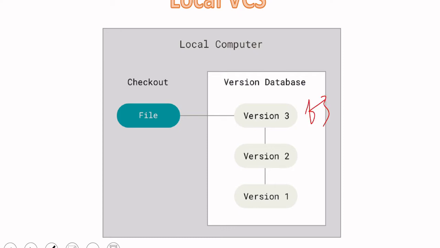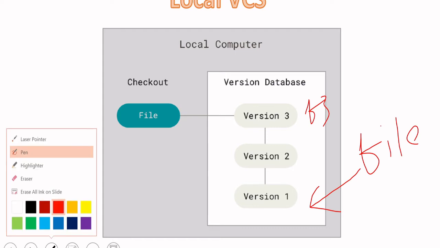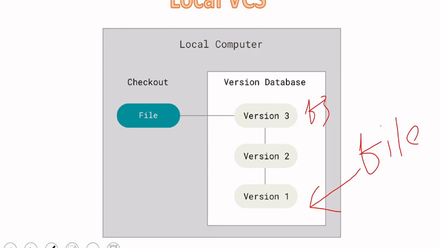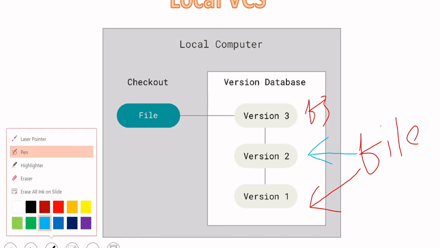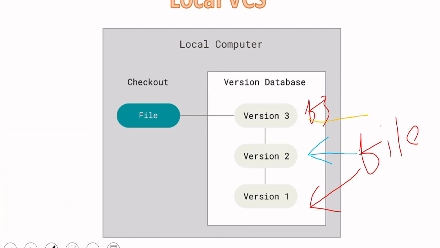That means this is the versioning. You had the file which was created initially, then you made some changes and it became version 2. Again you made some changes in the future, it became version 3.